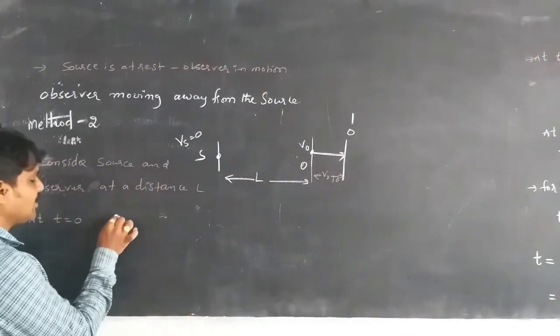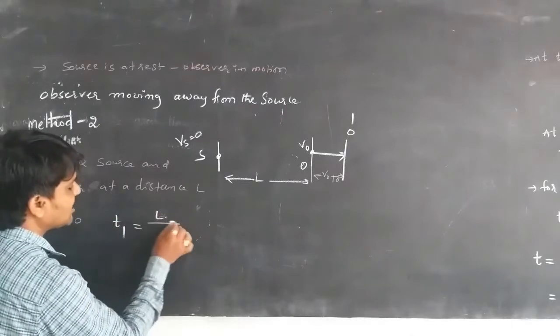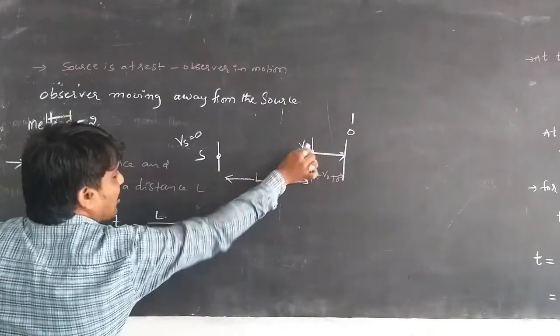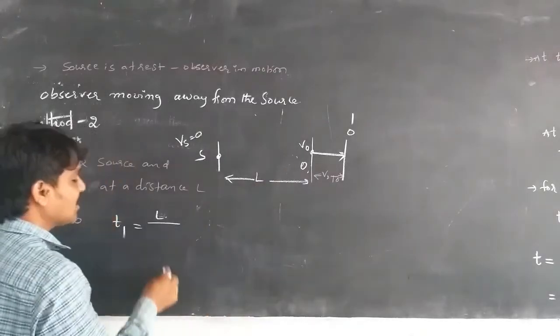The time taken by the observer to receive it, T1, is equal to L by the total velocity, for the distance from this point to this point. Whenever the observer is at this point, he receives the first wave.